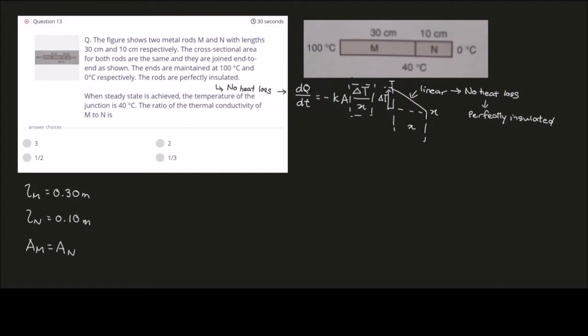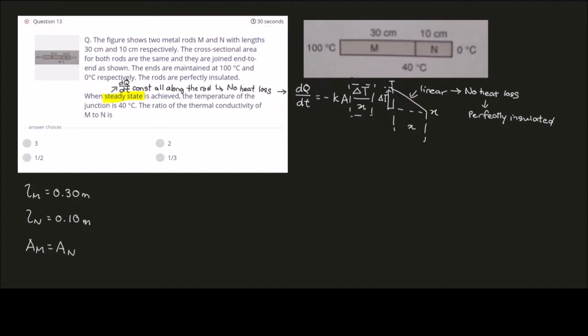So they mention steady state again. The steady state characteristic is that dQ/dt is constant all along the rod. The temperature of the junction is 40 degrees Celsius, it's stated here already.